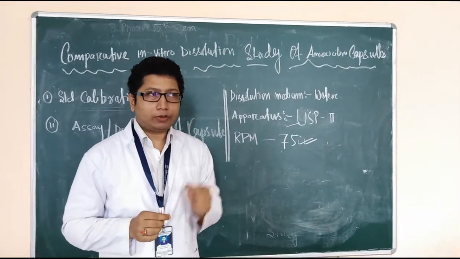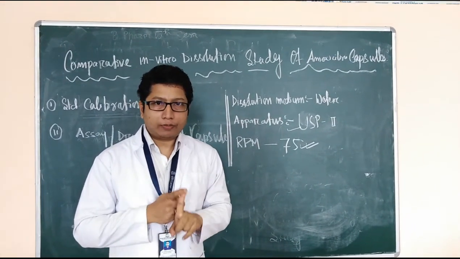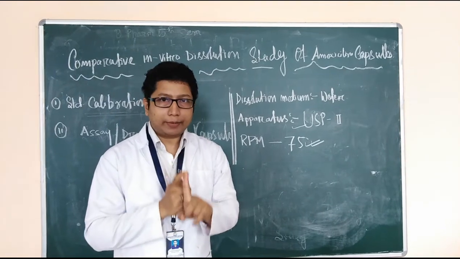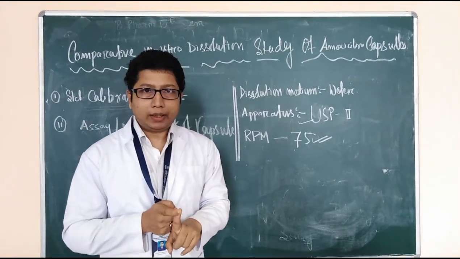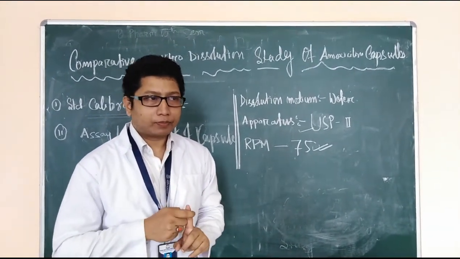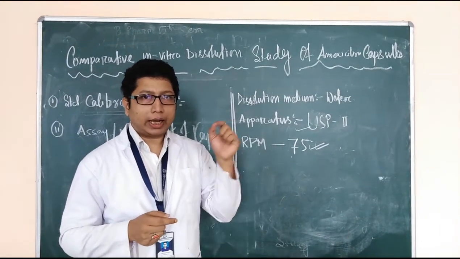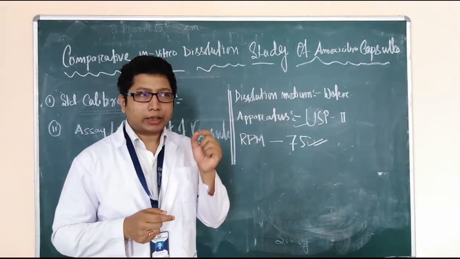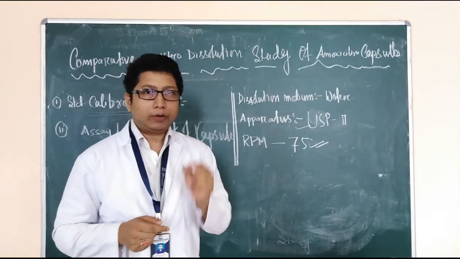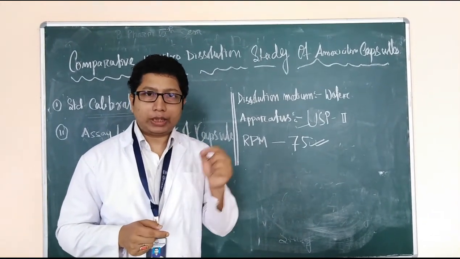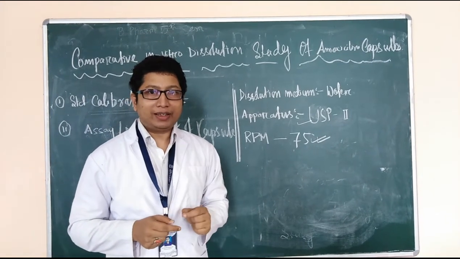What are the different things we need to ensure in this particular study? First, you need to perform the dissolution study for the entire period of time and maintain the sink condition properly. Each time you perform the analysis in UV, the sample should be filtered well and suitably diluted so that you obtain a good result.